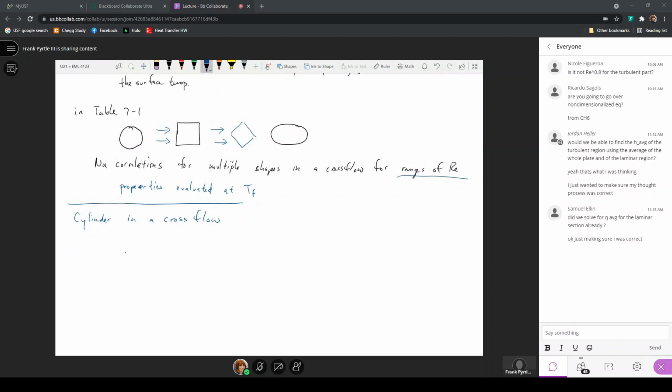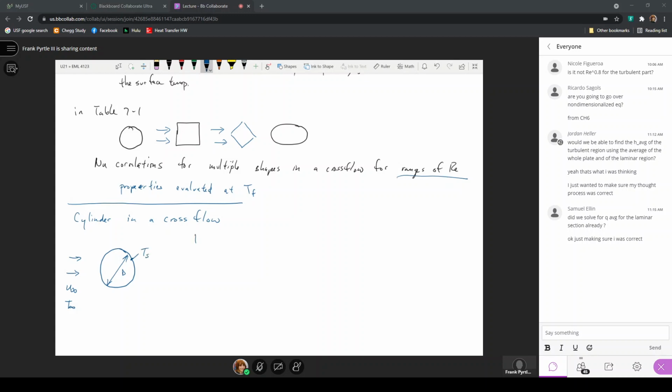Here we'll consider that there's a diameter associated with the cylinder in a cross flow, so that there's a free stream velocity and temperature for the fluid, with a surface temperature.